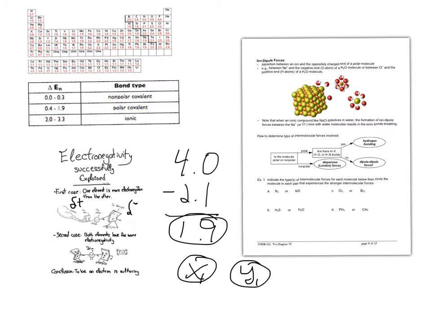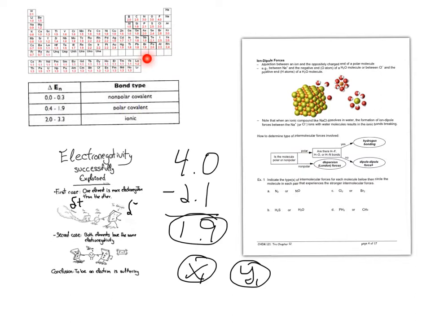But for all the rest of these, you can use this procedure to decide whether something is polar or nonpolar, and it'll work. So don't worry about D, just try to do A, B, and C for this problem set. And here you're looking, is the molecule polar or nonpolar?